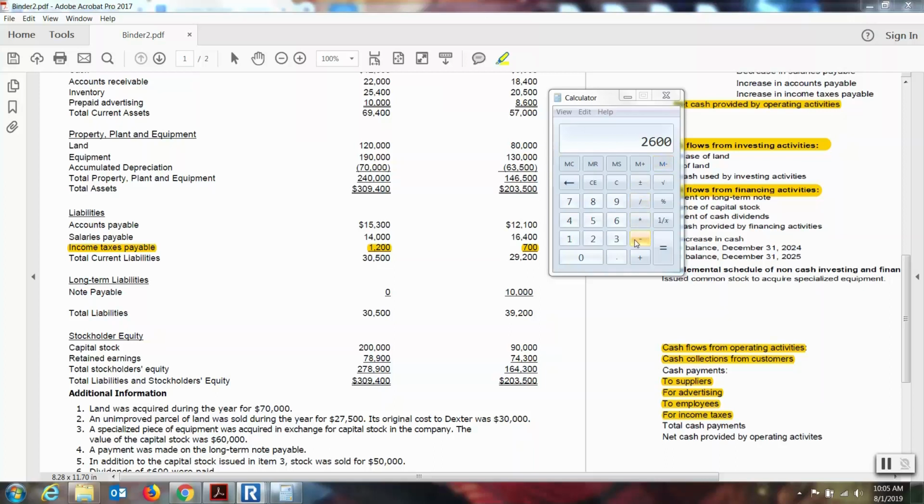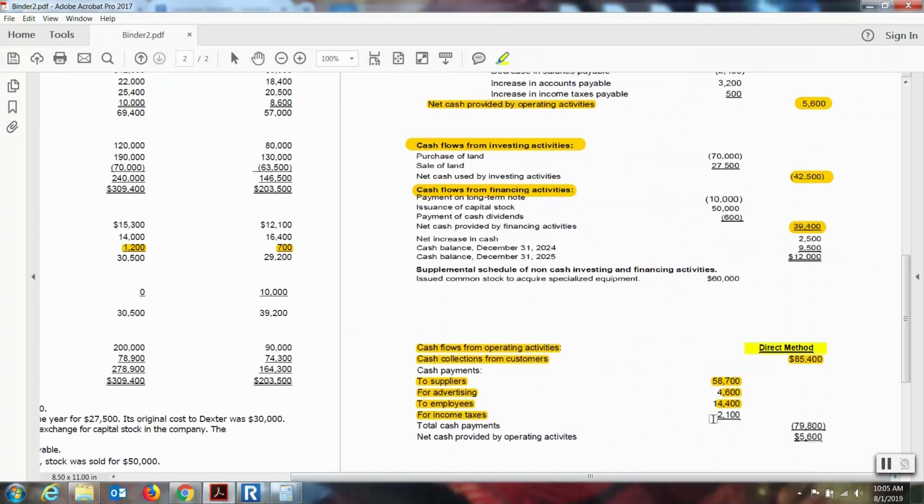So the income tax expense, $2,600, minus the $500 increase that we found here, gives us $2,100 in income tax expenditures. Add all of these together, suppliers, advertising, employees, income taxes, and we get a total of $79,800. And again, remember, this is a subtraction from the inflows.